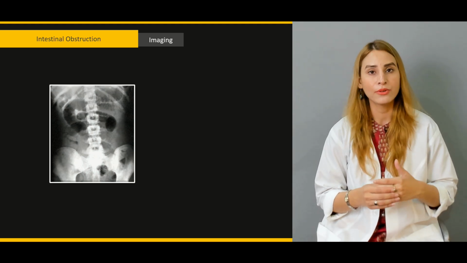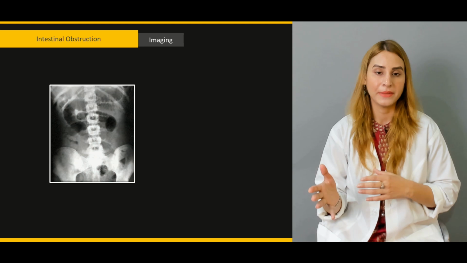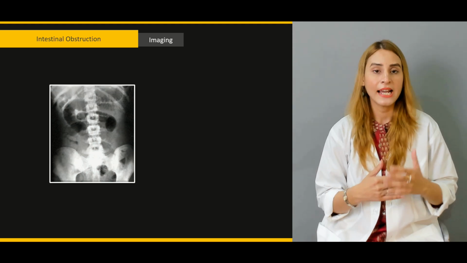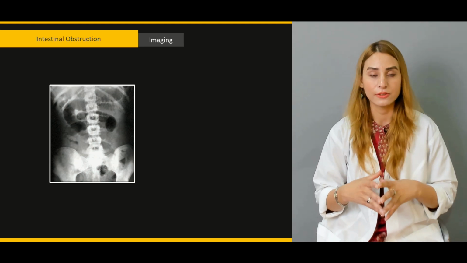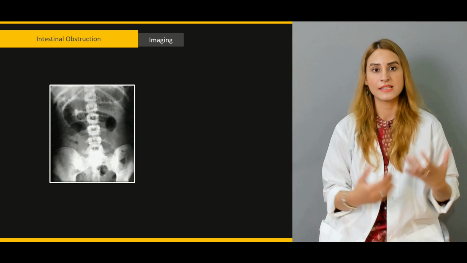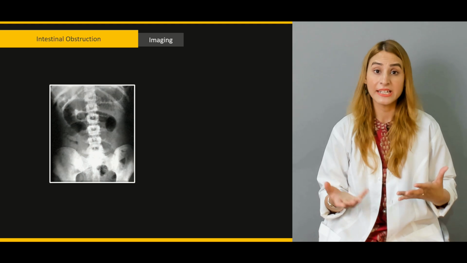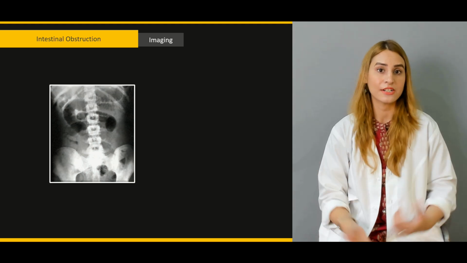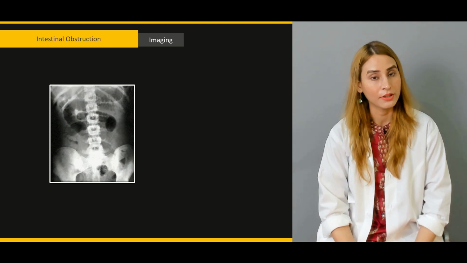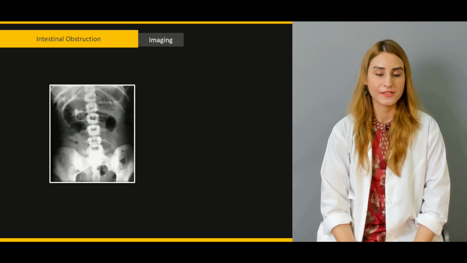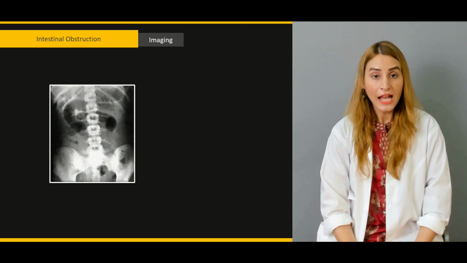The extramural causes include adhesions and bands, and the intramural causes include volvulus, intussusception, and malignant strictures. All of these are causes of dynamic obstruction.